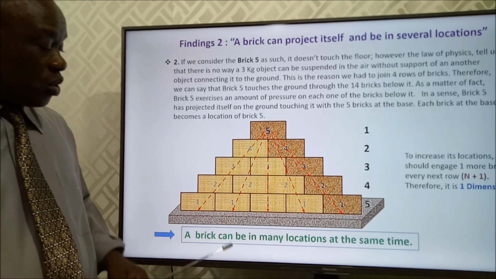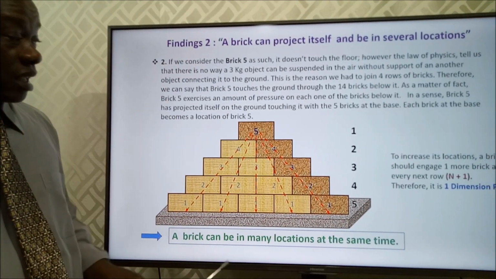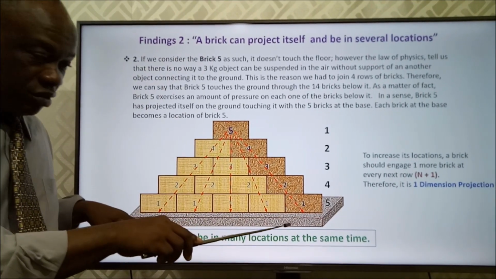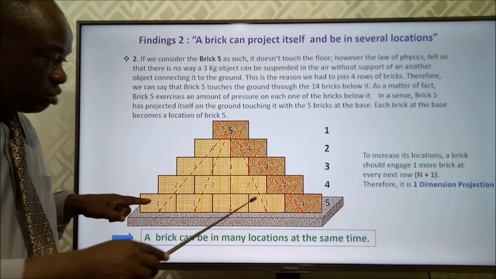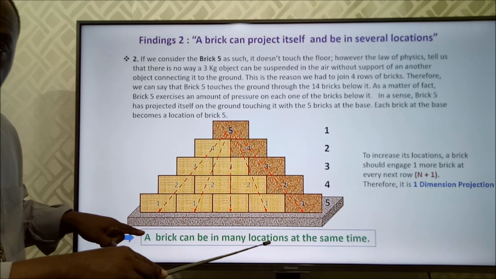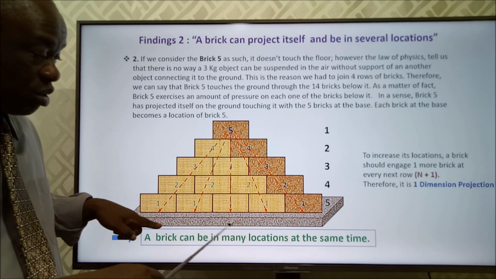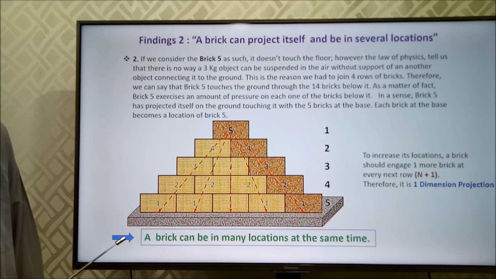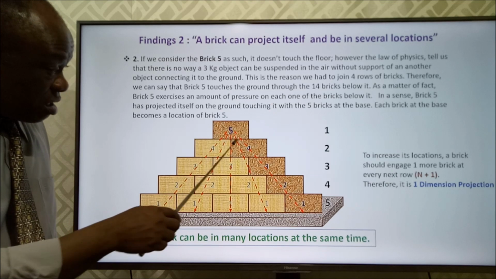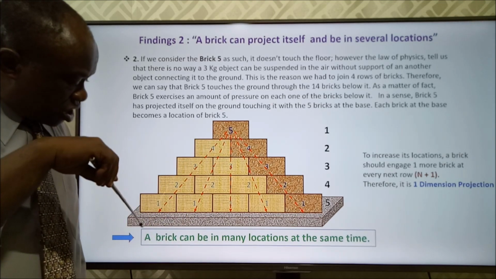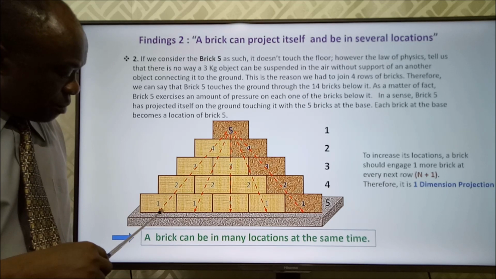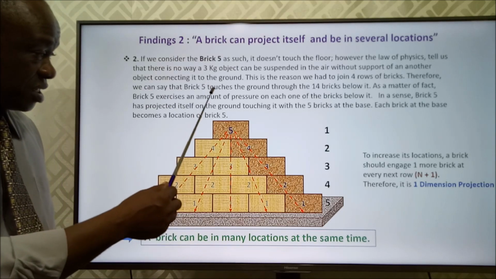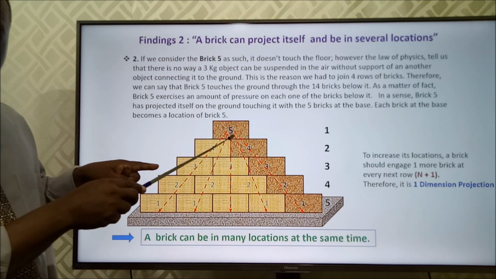Therefore, we say that brick number 5 has projected itself to the floor through all these bricks, and now it is touching the floor with 5 bricks. So here it is only 1, but when it reaches the floor, it becomes 5. And all of this is part of this 5.